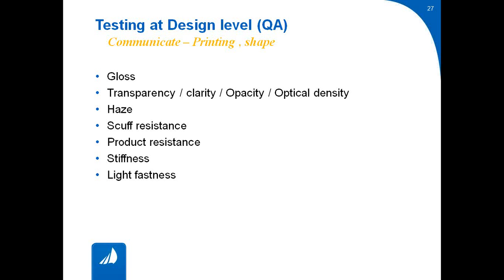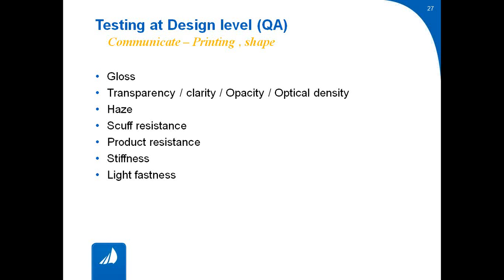Haze is how not transparent it is, how matte it looks. There are packages which look much better when you use something which has a little haze, which is not really transparent. Examples are silk packages of Mondelez or Cadbury's.